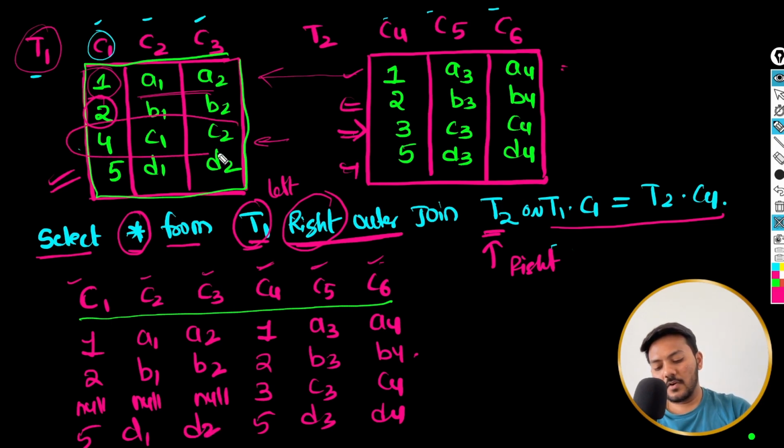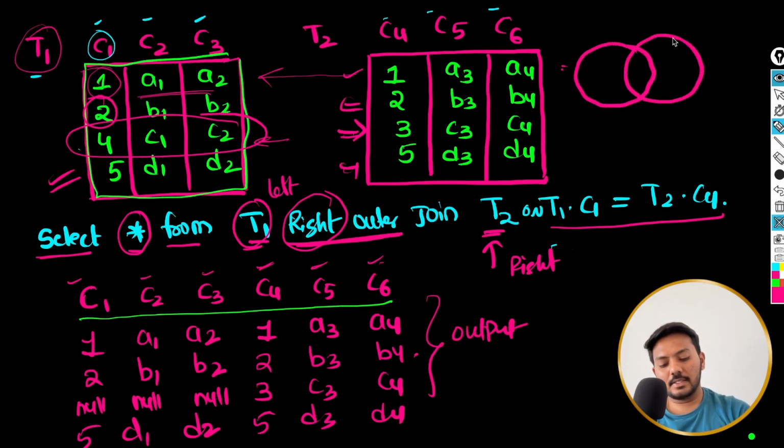If you see, we are not having this 4, C1, C2 inside your output. So if you talk about Venn diagrams, if I draw like this, this is T1 and this is T2. I'm going to get all the records from T2 and all the records which are common in T1 and T2 as well. If you see, this is the intersection area.